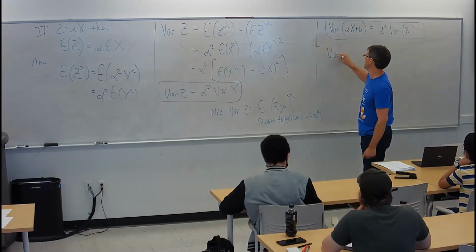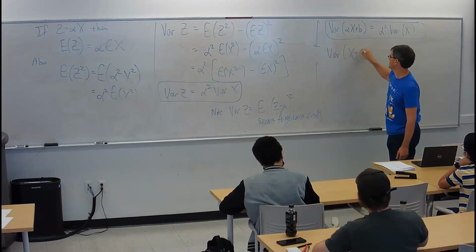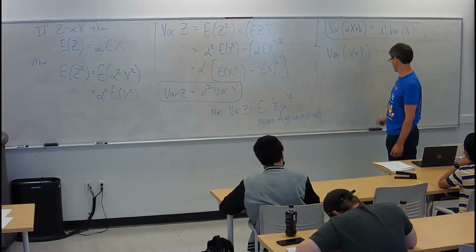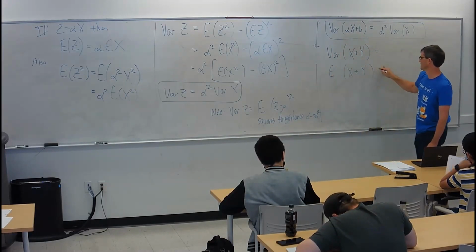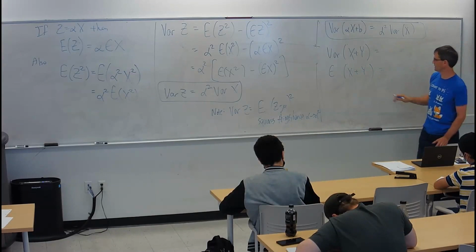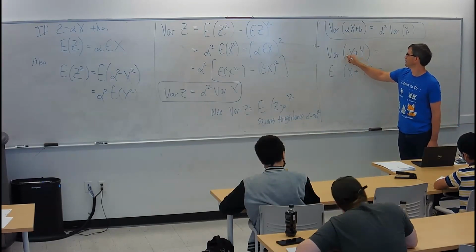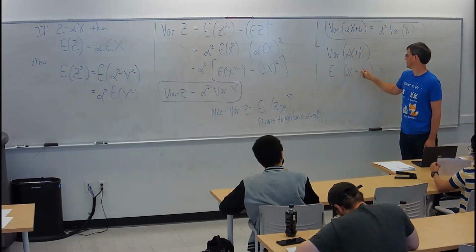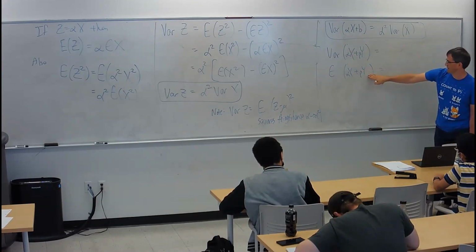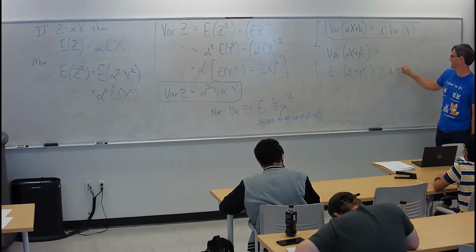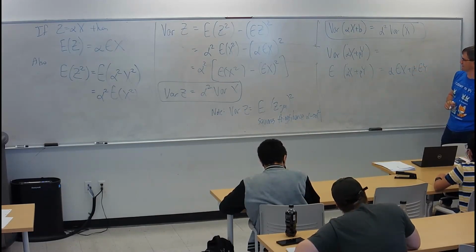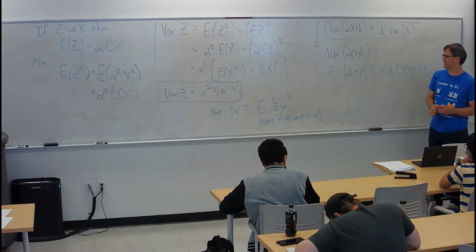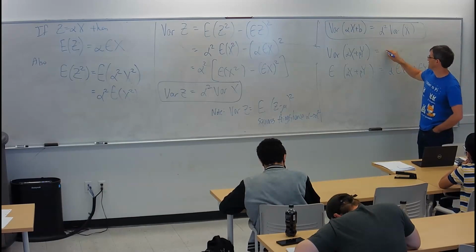But if I have x plus y, I'll just write the e of x plus y at the bottom too. So when we looked at the expected value here, it was alpha ex plus beta ey. When we look at variance, it's going to get weird.